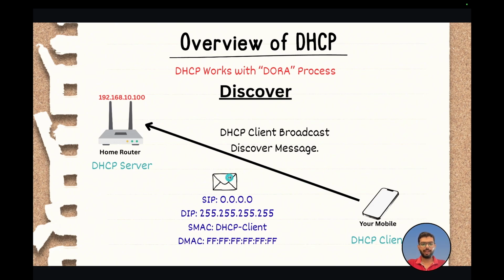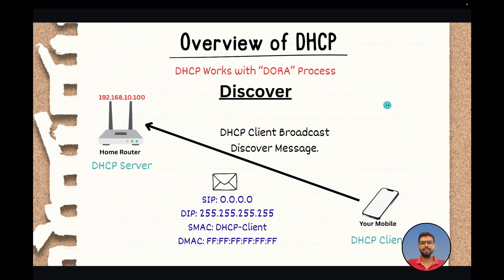Consider this packet and its Ethernet header, where source IP will be 0.0.0.0, because it doesn't have an IP address currently, and destination IP will be broadcast, all ones, that means 255.255.255.255, because we don't know the IP address where the DHCP server is running. Source MAC will be the DHCP client and destination MAC will be broadcast. So this will be the header for this packet.